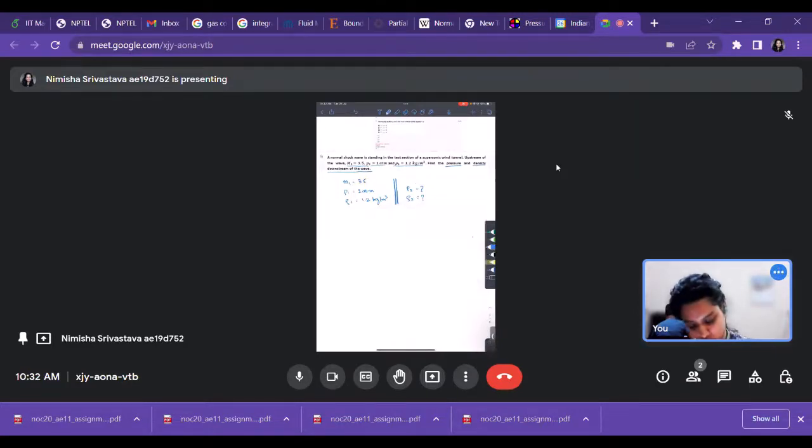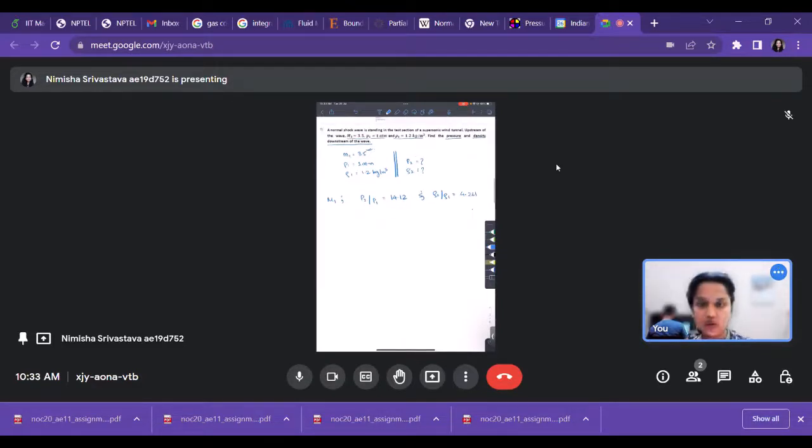Corresponding to M1, we have P2 by P1, that is the downstream pressure by the upstream pressure, equal to 14.12, and rho 2 by rho 1 is equal to 4.261.